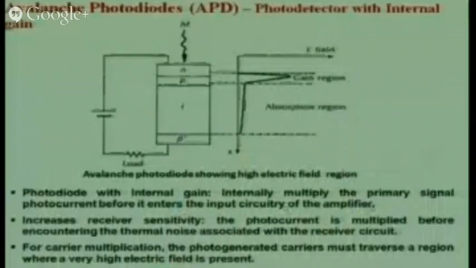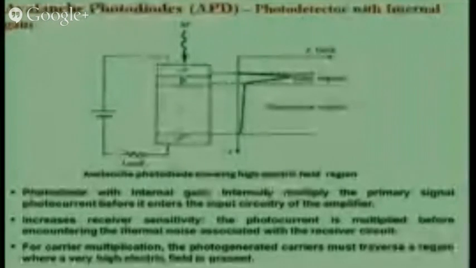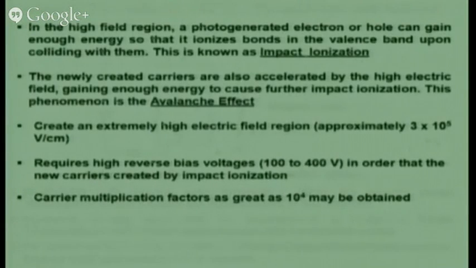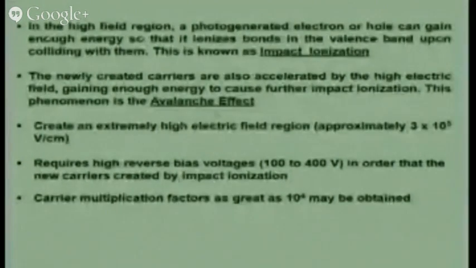The photodiode will internally multiply the primary signal photocurrent before it enters the input circuitry of the amplifier. This increases receiver sensitivity, but somehow the noise also increases. This is called impact ionization, and the effect is called the avalanche effect because of the high kinetic energy.